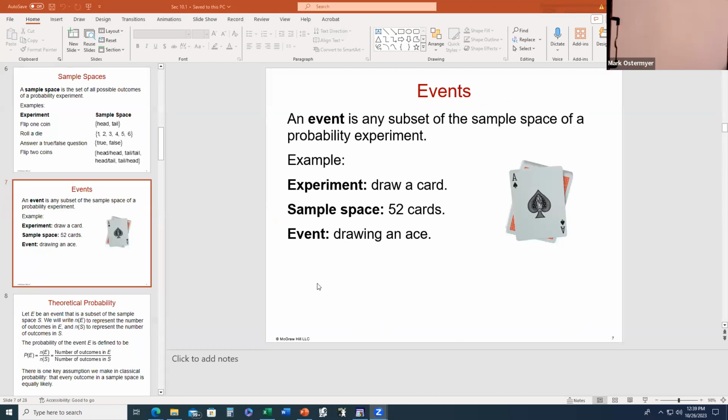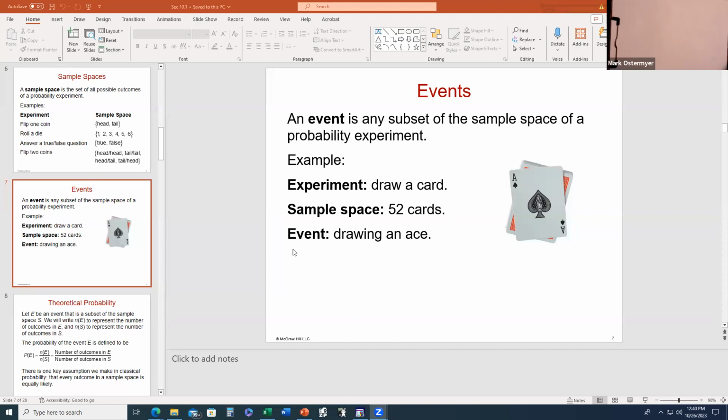An event in probability is defined to be any subset of the sample space of an experiment. For instance, suppose we have an experiment of drawing a card from a deck of cards. The sample space would be a set consisting of all 52 cards.